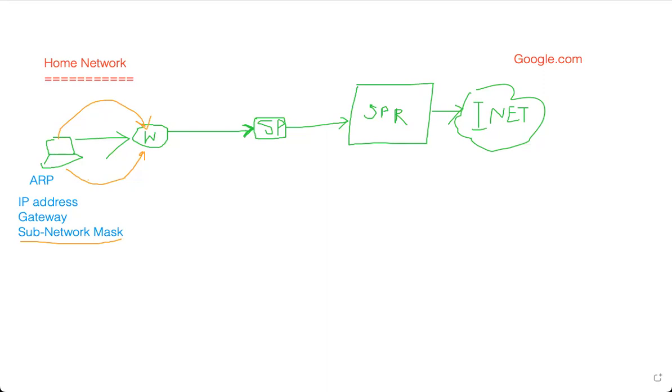So the laptop checks whether it has the MAC address resolution of google.com or not. If it is not there, it will send the packet to the default gateway, which is your Wi-Fi router in this case. That will look into the default routing table and send it to the service provider router, because that's the only path.